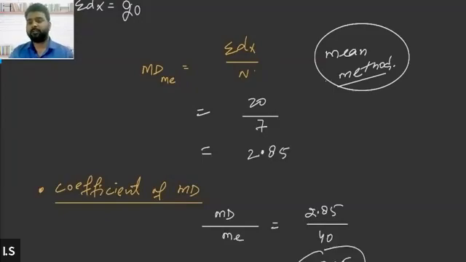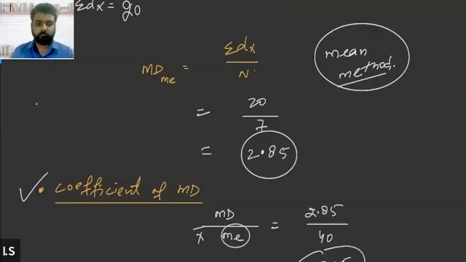Similarly, while applying the mean method, we subtract the mean value from all the items. This is the only difference. If you have calculated the mean deviation using the mean method, then to find the coefficient of mean deviation you just divide it by the mean value instead of the median value.